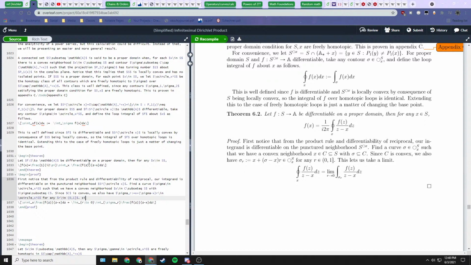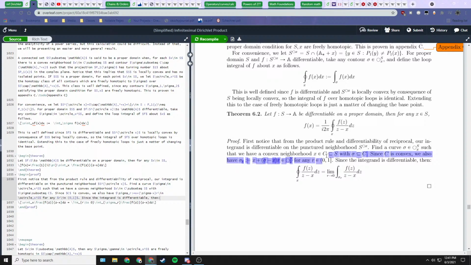So essentially we're saying, for any r in 0, 1, excluding 0, we can shrink down this curve, contract it in the direction of x.